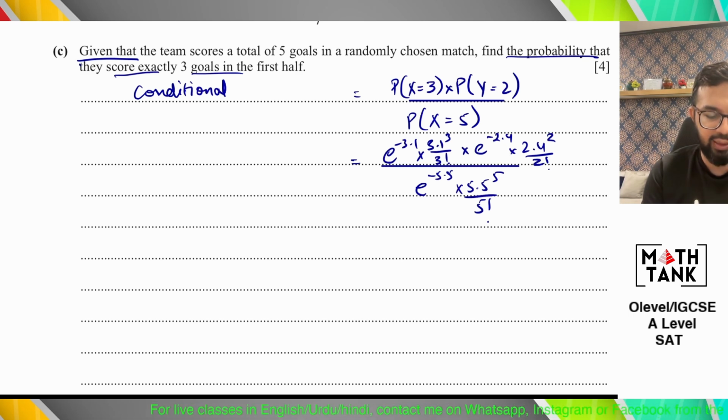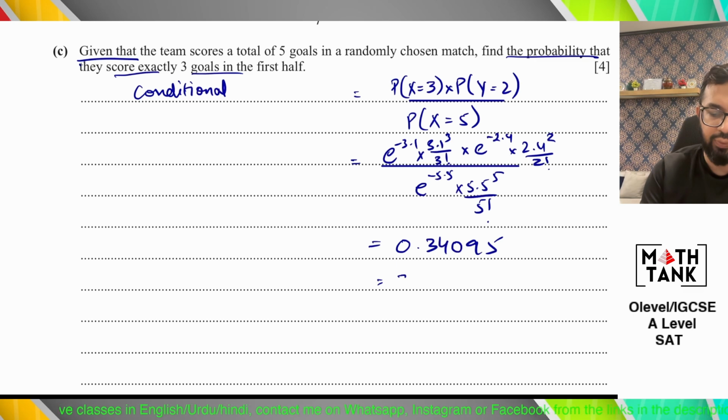You will probably make mistakes. 0.34095, rounding off to three significant figures gives me 0.341.